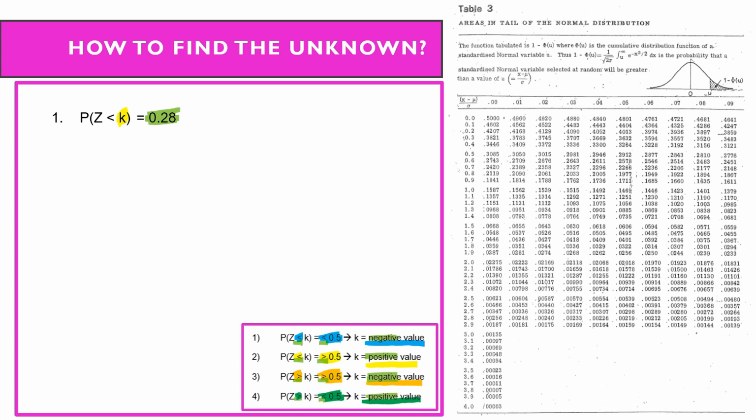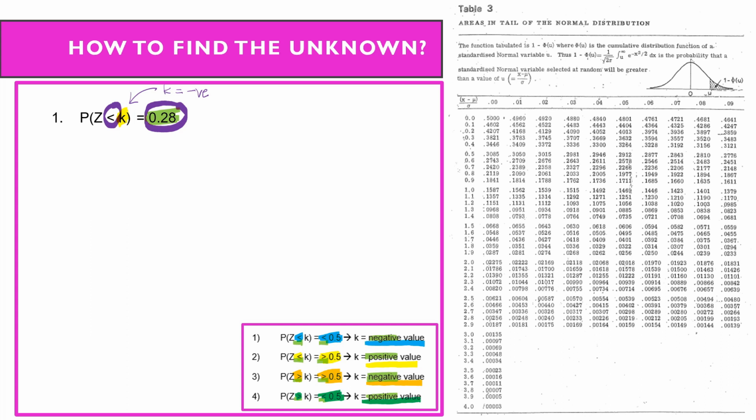Same sign, negative value. Remember that. Back to the example: Z less than k, the probability value equal to 0.28. This one is less than, and the probability value is less than 0.5. Therefore, is k negative or positive? Same sign, negative value. So k is a negative value.